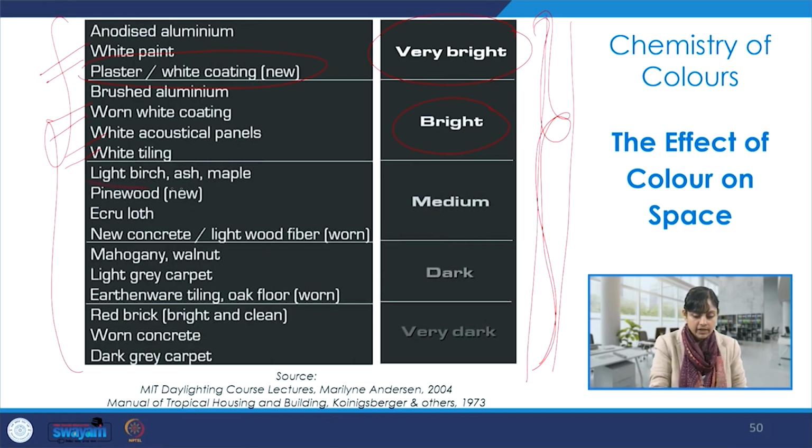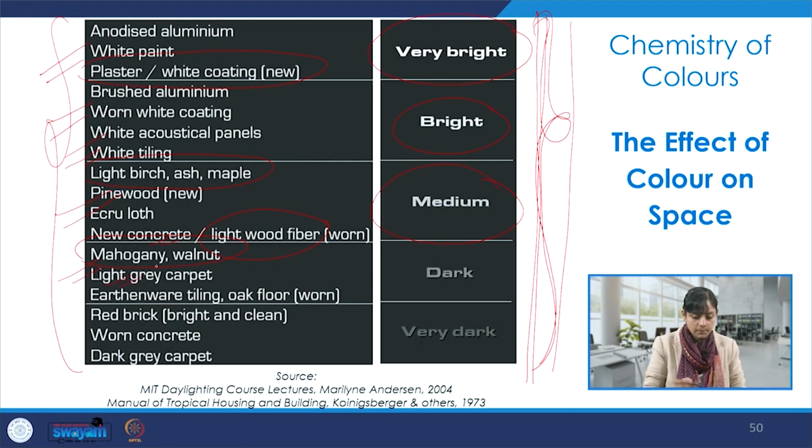Then we have the light birch, ash, maple. I'm talking about timber, pine wood, new concrete, light wood fiber. These could be put here as medium when we see this scale from very dark to very bright. Then there is mahogany, walnut, hardwoods. We discussed these.